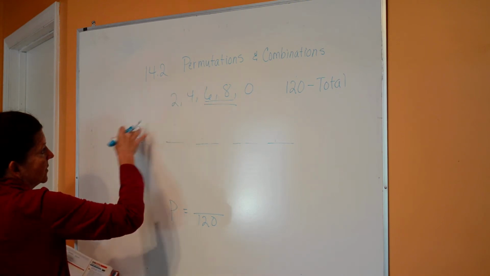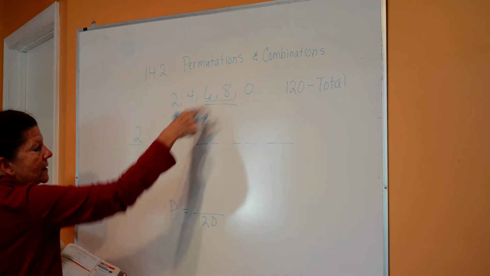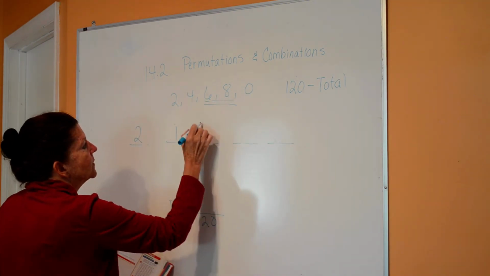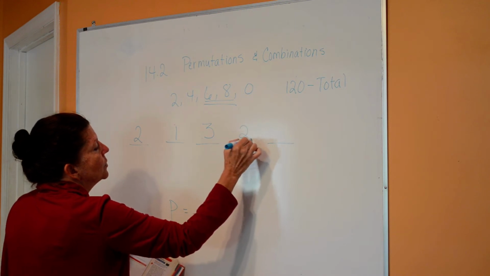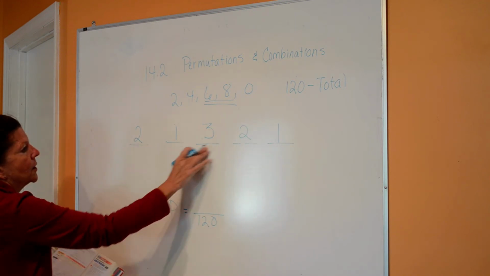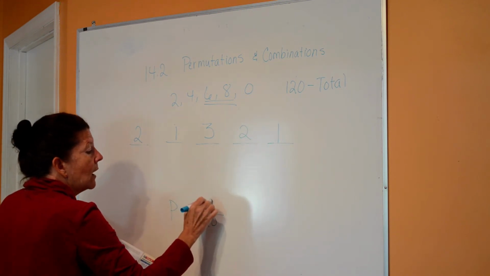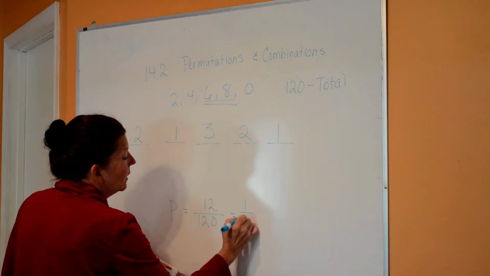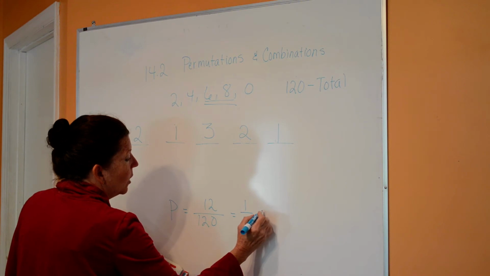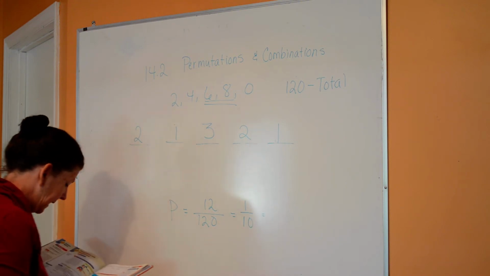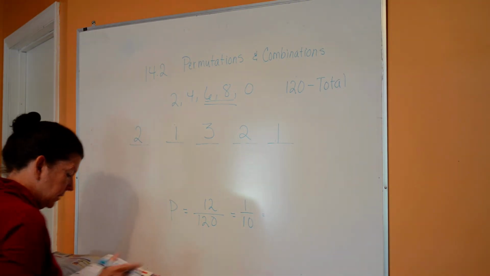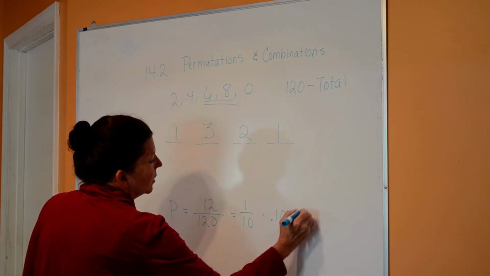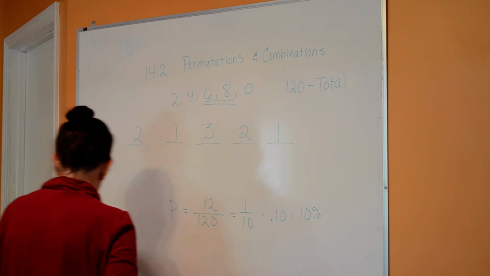And if I choose 6 there, then I just have 1 choice there. I would have to put the 8 there. Then I have 3 choices for those: 3, 2, and 1. So that's 6 times 2, that's 12. So my probability is 12 over 120, or 1 over 10. Or it's going to give me 10%, because that's going to be decimal 0.10, which is 10%.